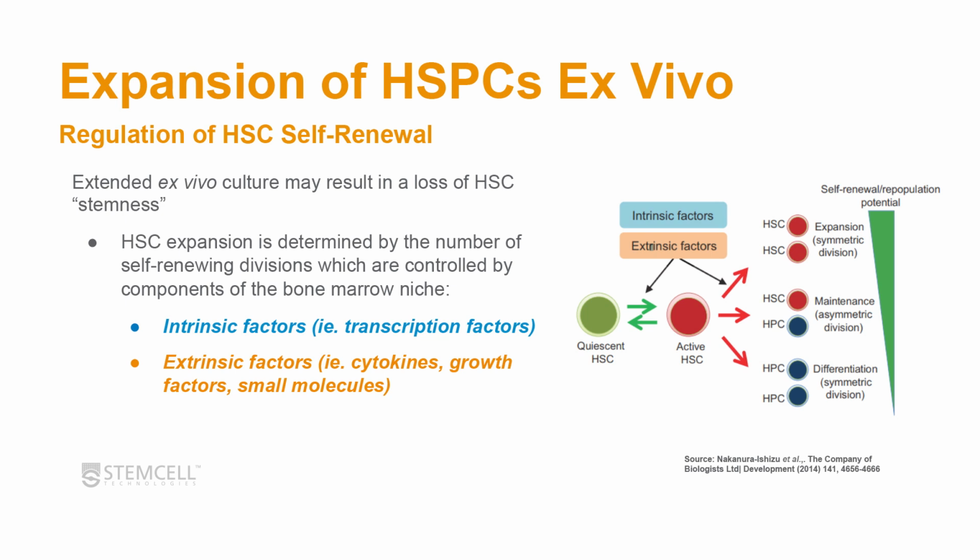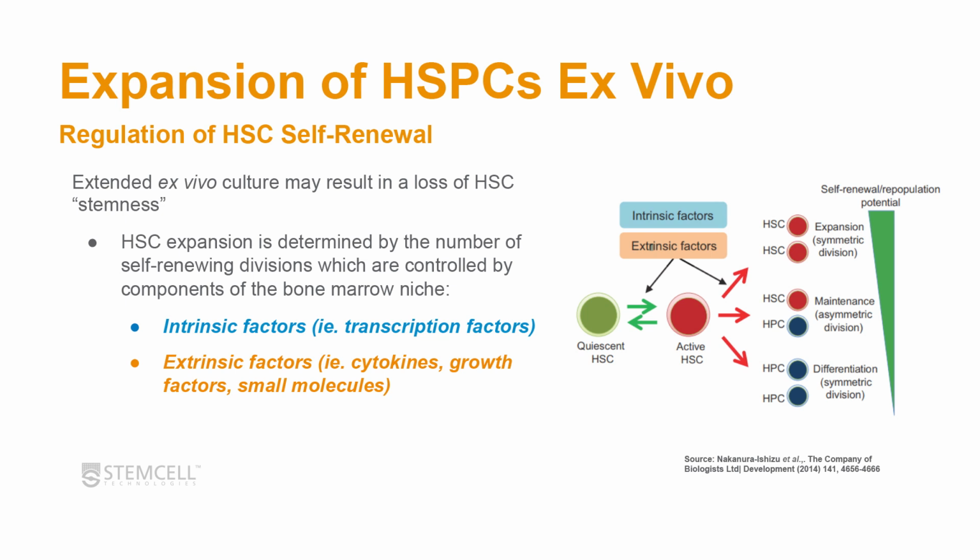In fact, one thing that we've realized is a certainty when it comes to trying to expand hematopoietic stem and progenitor cells ex vivo is being aware of the regulation of hematopoietic stem cell self-renewal. Whenever you put these really rare hematopoietic CD34 positive cells ex vivo in culture, the certainty that we've realized over the last 40 years is those cells start to lose their stemness.